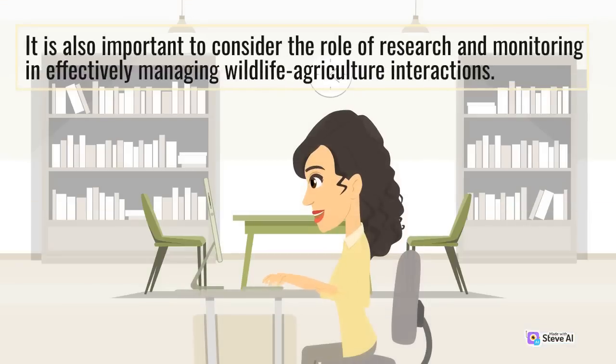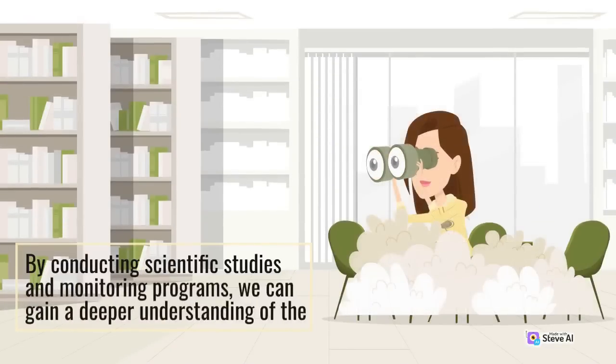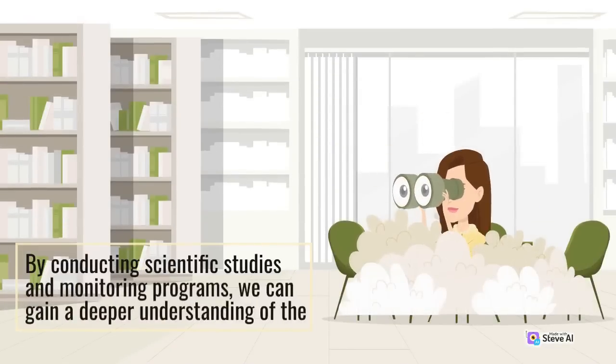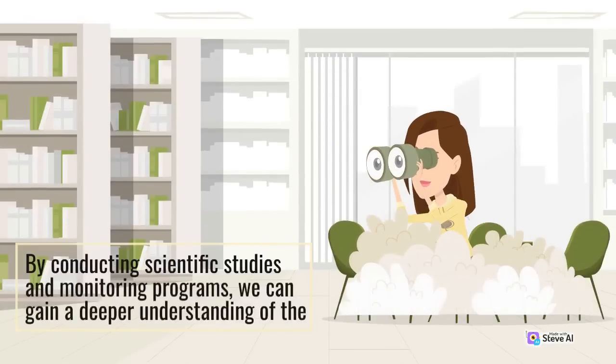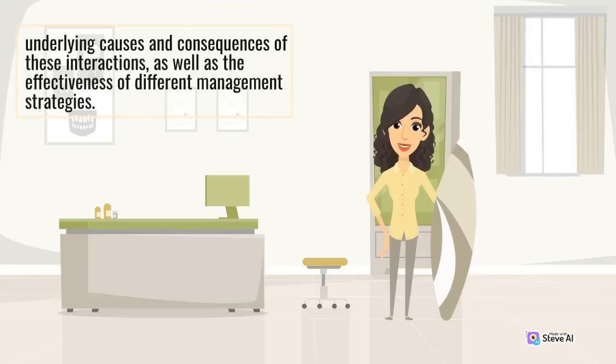It is also important to consider the role of research and monitoring in effectively managing wildlife agriculture interactions. By conducting scientific studies and monitoring programs, we can gain a deeper understanding of the underlying causes and consequences of these interactions, as well as the effectiveness of different management strategies.